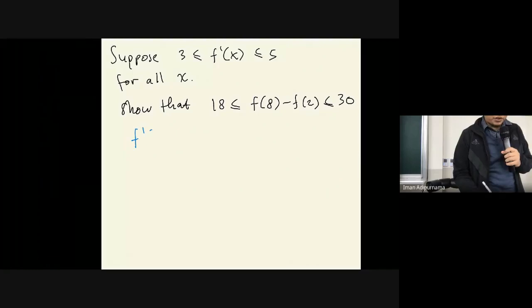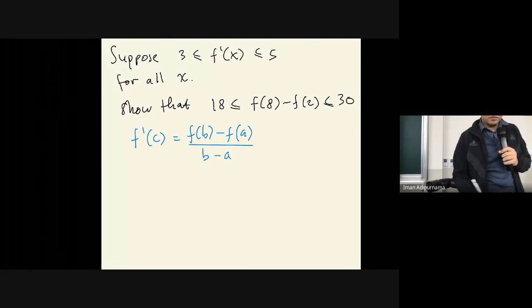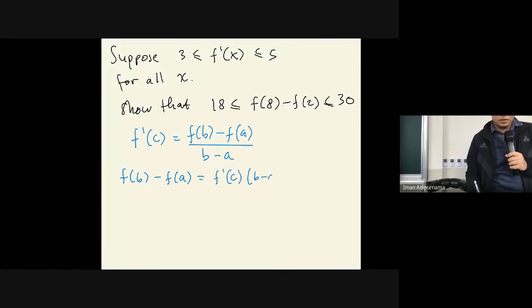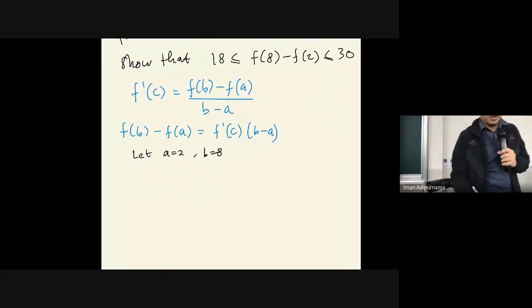Okay, you start with the mean value theorem, and let me write this as f(b) minus f(a) is f prime c times (b minus a), and then let a is 2 and b is 8 based on our observations.